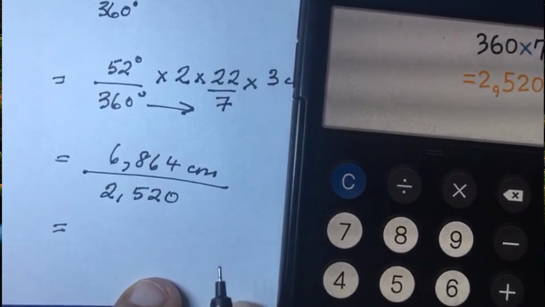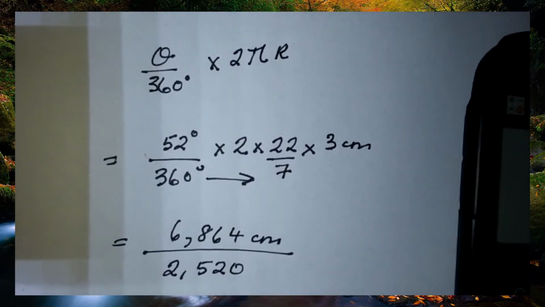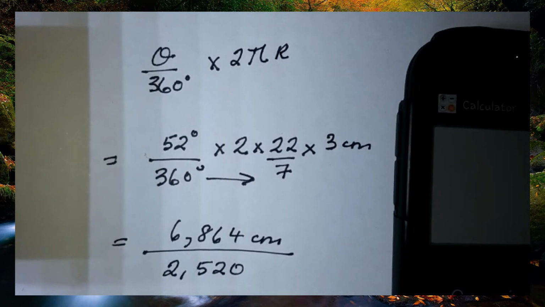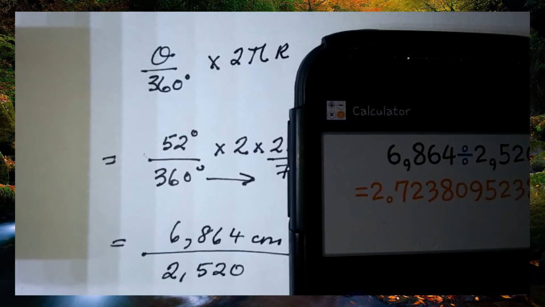Now to find the length of this arc, I'm going to divide 6,864 by 2,520, and I end up getting 2.72.